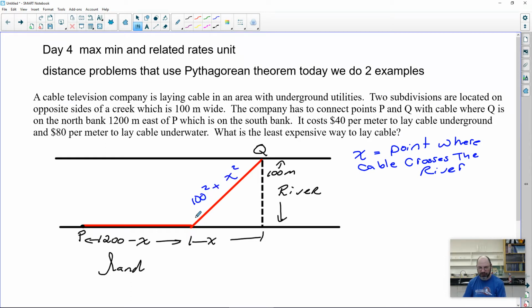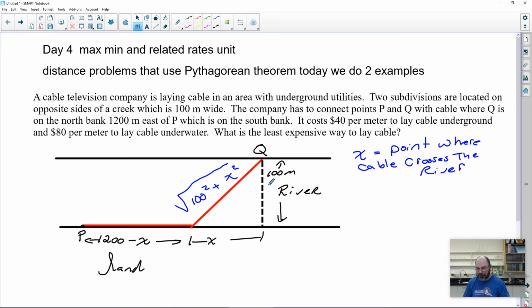But that's R squared. We don't want R squared, we want R, so we have to take the square root of it. So that's the distance crossing the river. So there's the distance crossing the river, there's the distance underground, and then this is just the distance that we need to get into the water.